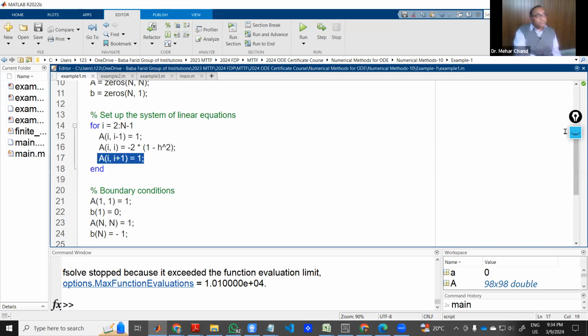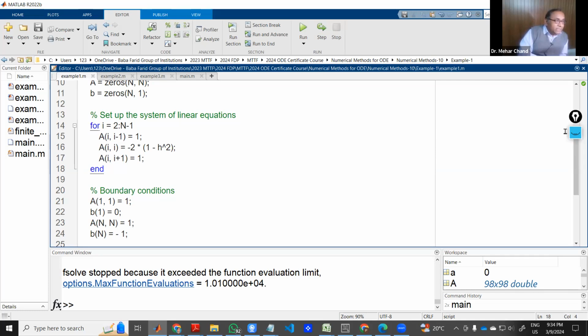These are the values above the diagonal element. When you have i equal to 2, this will be A23. And when you have i equal to 3, this will be A34. So all these values are equal to 1. Okay. So the entire matrix is written at this place.